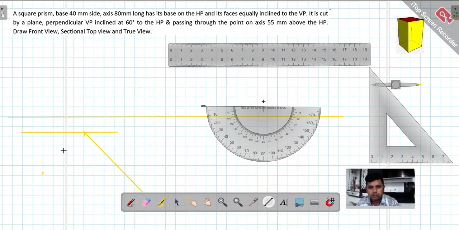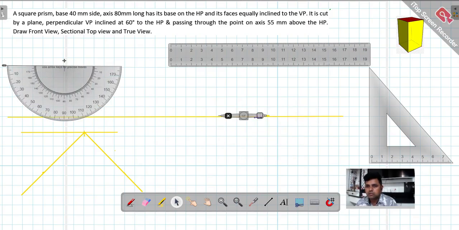Okay, what I understand here is this is 45, this is 45. Of course, the rest is 90 degrees. Now I will take a compass.